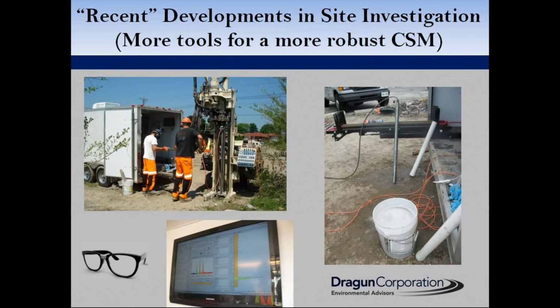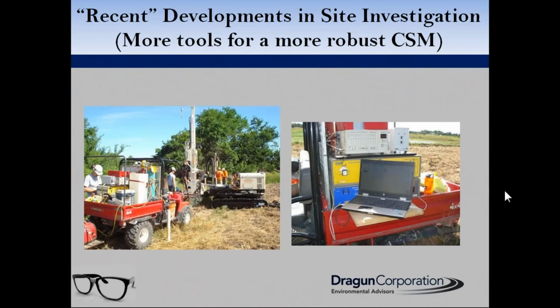Basically the MIP heats up the soil and the groundwater. A carrier gas brings it up through the rods into the trailer, where they've got a lab and analytical equipment that will give them real-time volatile organic compound concentrations with depth. So you can get information fairly quickly with the MIP.